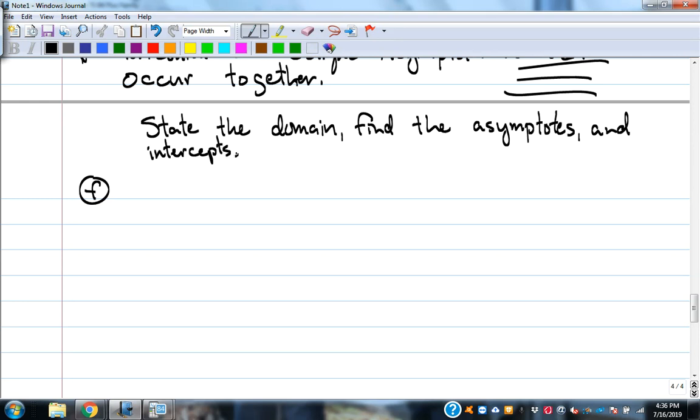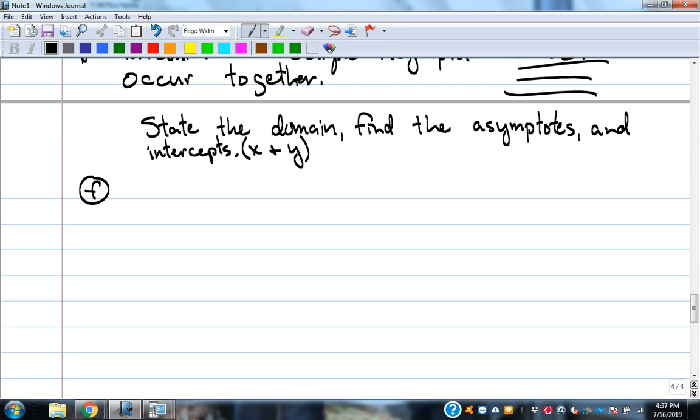Okay. State the domain, find the asymptotes and the intercepts. So x and y intercepts, if it has either of those. It may not have those, depending on the asymptotes and what's going on there.